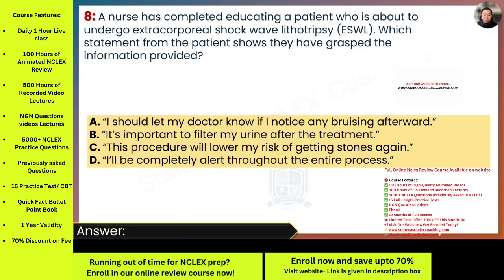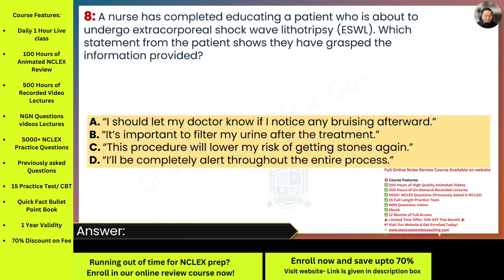This is important because the kidney stones are broken into smaller fragments, and we are going to encourage the client to strain their urine to capture and confirm that all stone pieces are being expelled. This step will ensure that the stones are being eliminated from their renal system, and it will also help the healthcare team monitor the progress. The clue here, filter my urine, is directly referring to the straining and monitoring for the stone fragments, and that's why this is the closest answer.